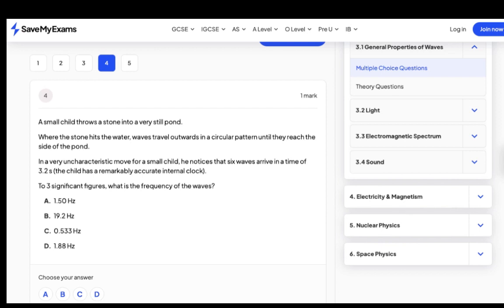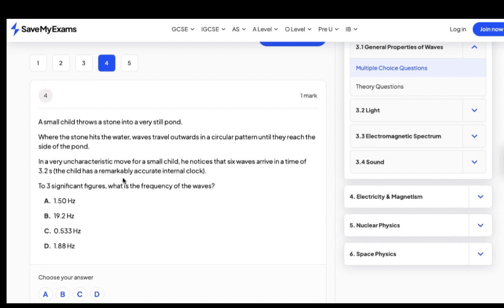Frequency is 1 over time period. Since the child knows the time period is 3.2, we say 1 divided by 3.2. Let's read the question again, maybe there's other information we need.